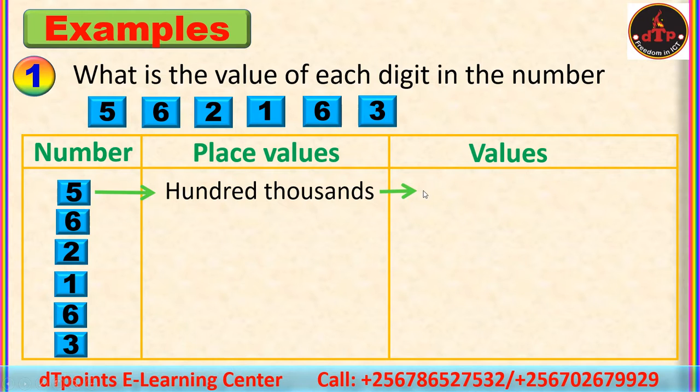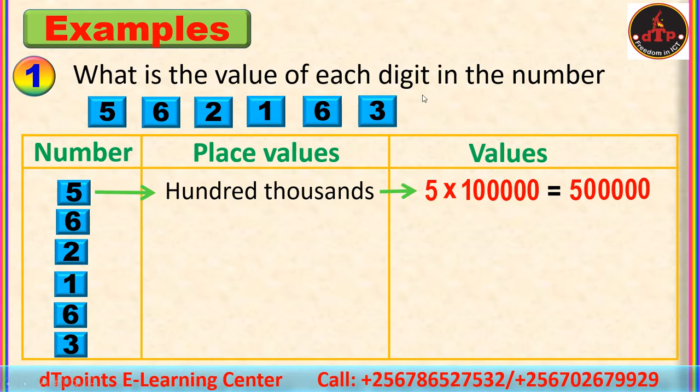Having known the place values, we can now get the value by saying 5 times 100,000. So now the answer will be 500,000. Are we together?